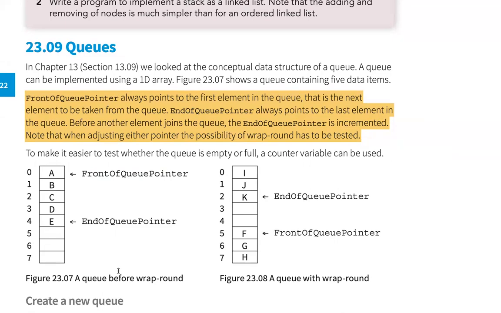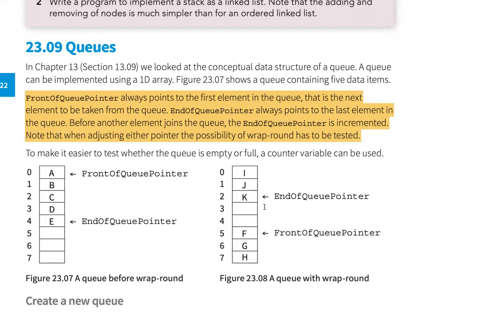And eventually, it is quite possible that since my front of queue pointer is leaving out empty spaces and moving down, and so is my end of queue pointer filling in spaces and moving down as well, there's a great chance that I might end up moving my end of queue pointer back to the start of the array. This is known as the wraparound effect.